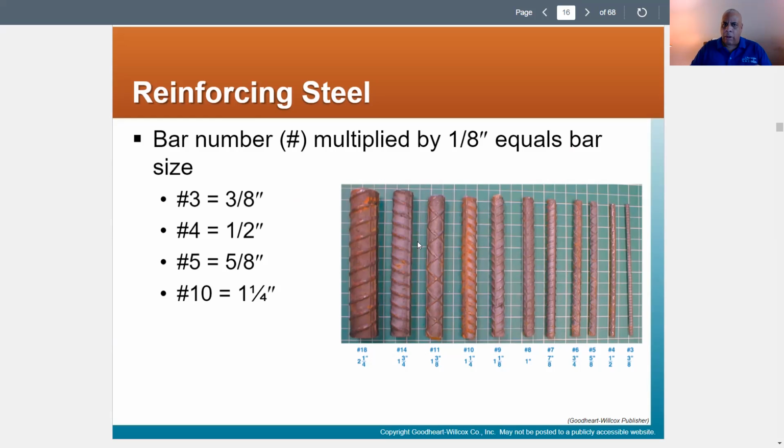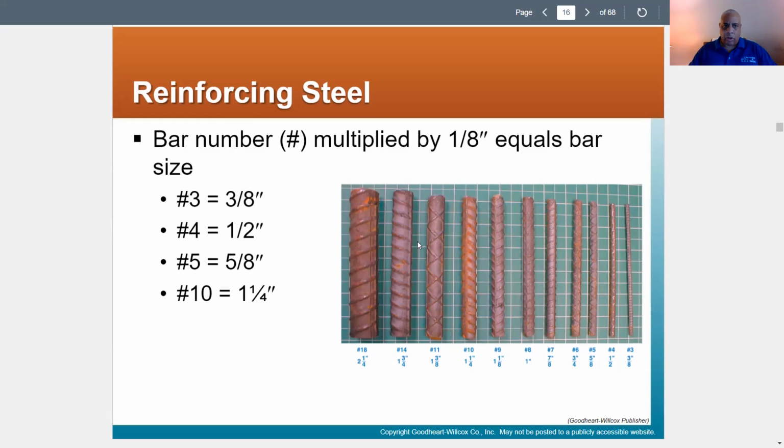A bar number is converted by multiplying 1/8 of an inch to find out the actual bar size. So when I mentioned a number 8 bar, if I multiply a number 8 bar by 1/8, that means I have a bar that is 1 inch in diameter.